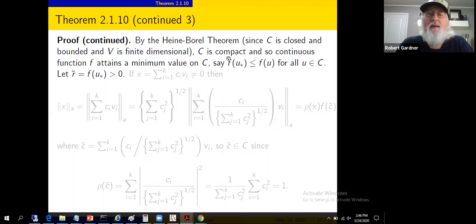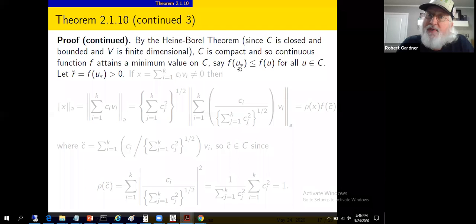So if I have a compact set and a continuous function that maps it into the real numbers, then you'll have a maximum and a minimum. That's the extreme value theorem, and it's fairly general in a general setting. So we got a minimum, and that minimum is positive. The only way we could get 0 out of that function was to have a norm be 0.